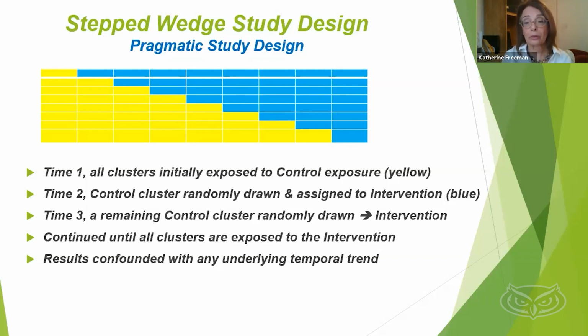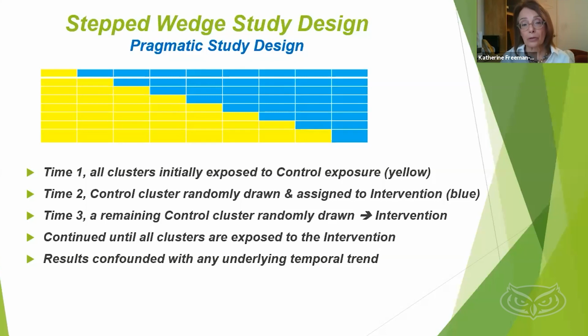So the horizontal axis indicates time. So as time goes on, you have different groups being exposed to different interventions. So the yellow represents treatment as usual. So after, say, 1 month of those patients getting their treatment as usual, then one of these clusters is chosen at random and assigned to the intervention group, which is denoted as blue.